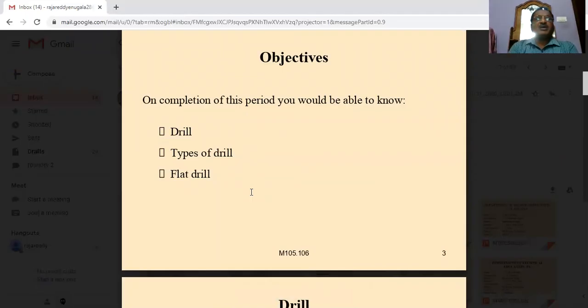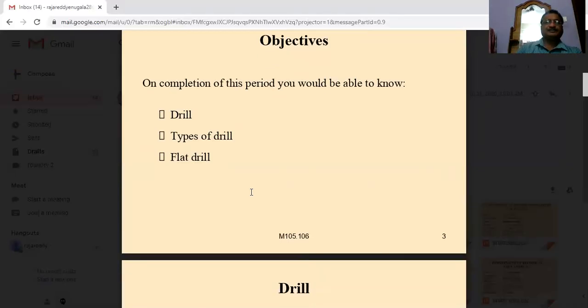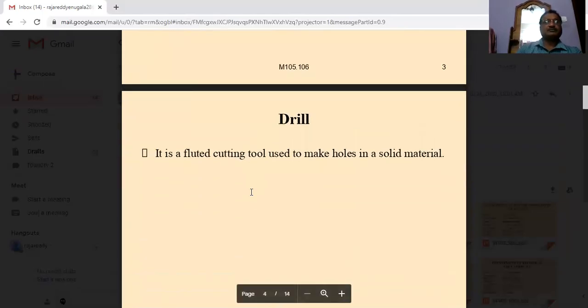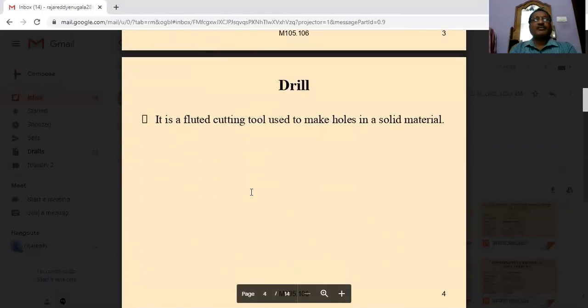Objectives. On completion of this period, you would be able to know the drill, types of drills, and flat drill. What is meant by a drill?